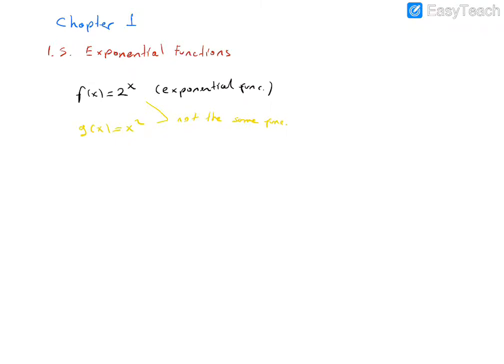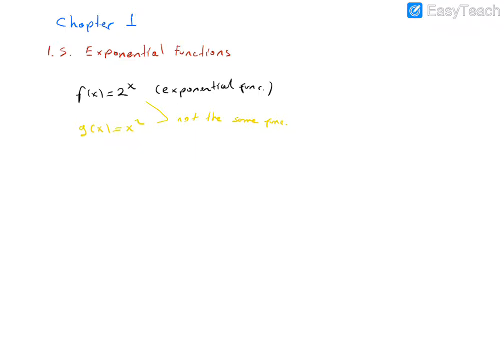Actually, in the first function, 2 is the base. The base is constant and the power is a variable, the input value or independent variable. Here, the base x is the independent variable and the power is constant, okay?